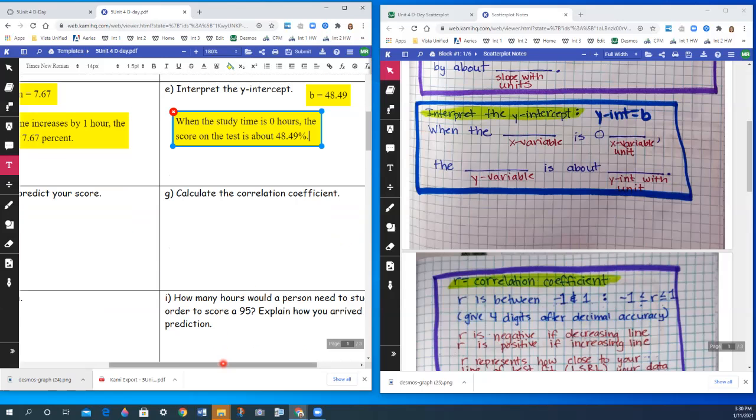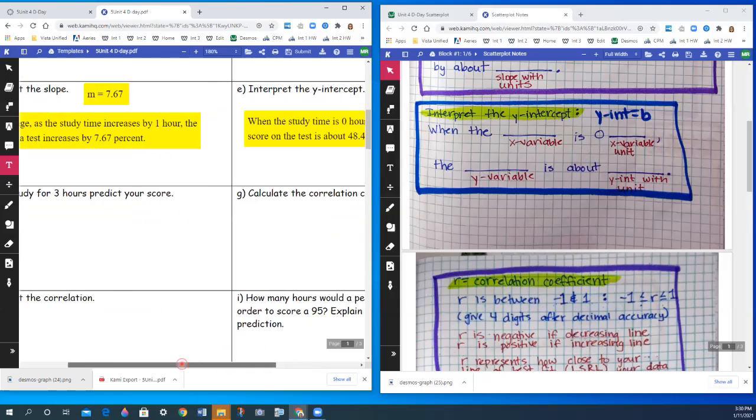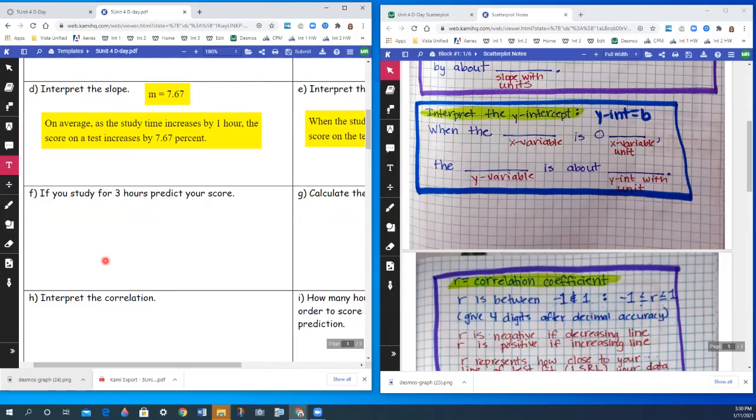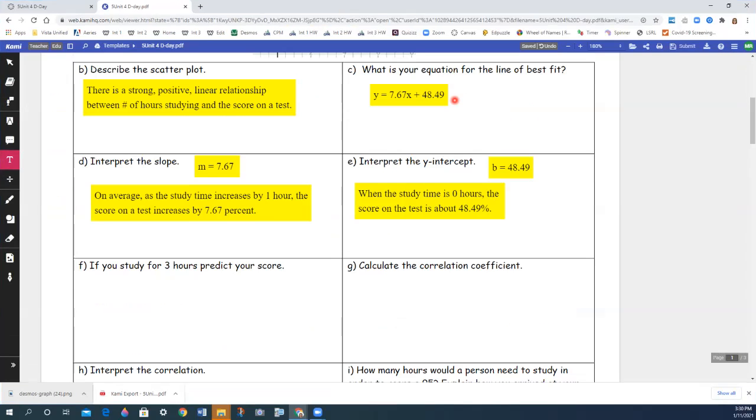The next thing we're going to do is predict, if we study for 3 hours, what the score will be. So we're going to be using our line of best fit. Let me just make this a little bigger. I'm going to be using this line right here.